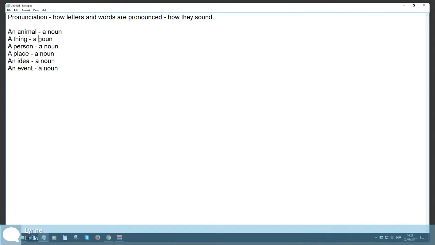So you've got a noun, a animal, thing, person, place. Then you've got an and a vowel, an idea, an event. So you've already met the articles, but this is why they change. And again, if you want to check if a word is a noun and needs an article, you can use the dictionary.